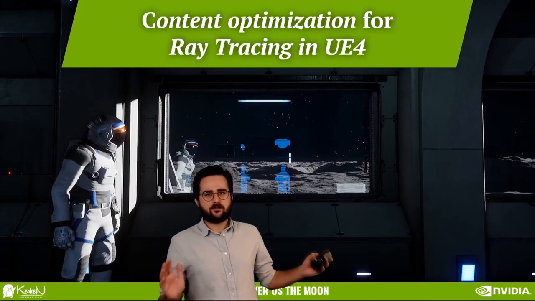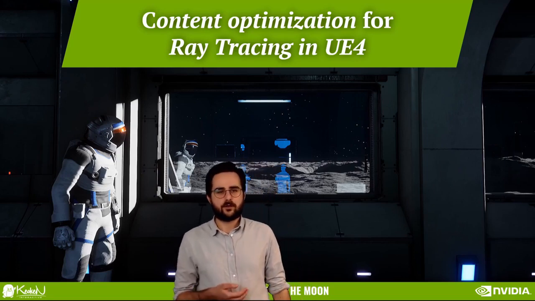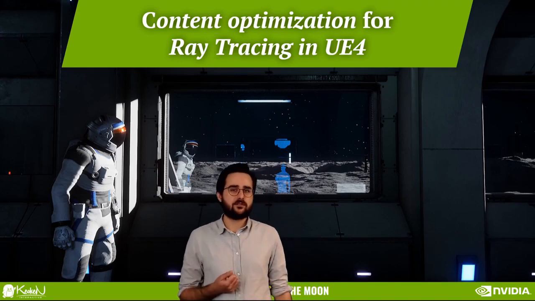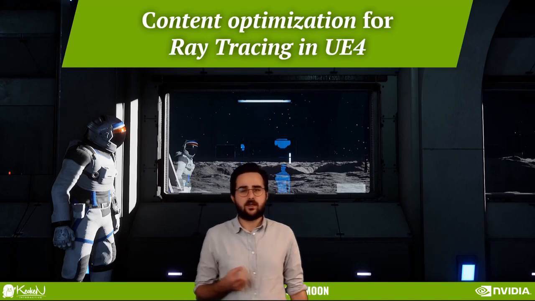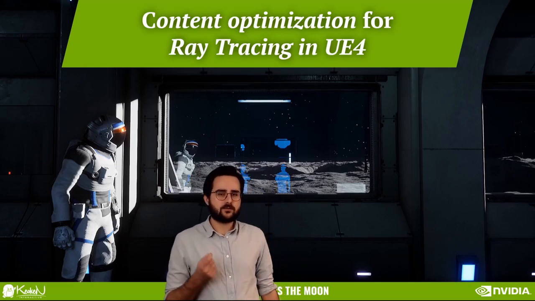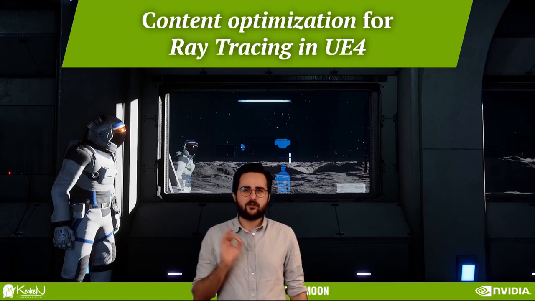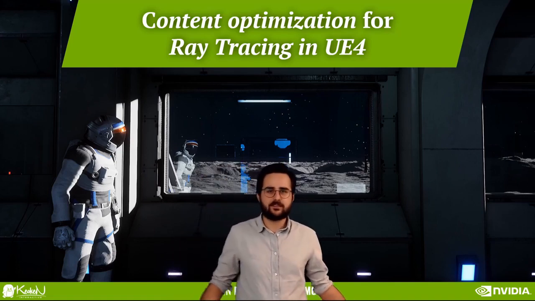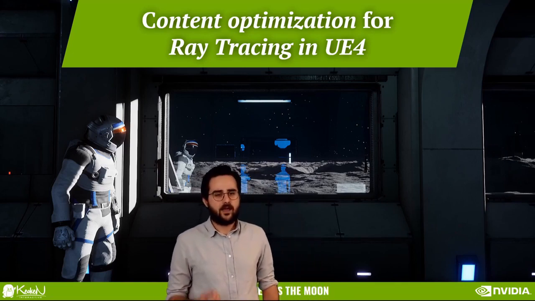So we're going to start talking about content optimization for ray tracing in UE4. The original content in our game is designed for conventional rasterization and delivers a suboptimal ray tracing experience. Most problems are jittering in reflections, so small sparks that should not be there, low frame rates, which obviously is a problem in games, and high RAM usage.